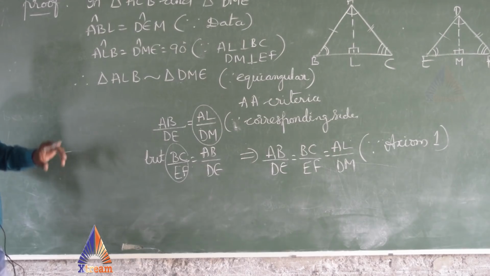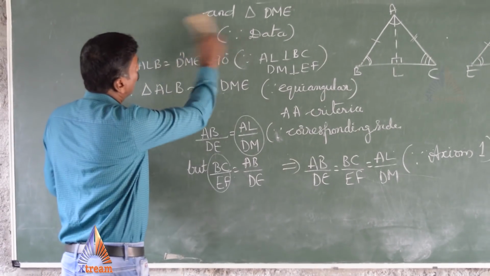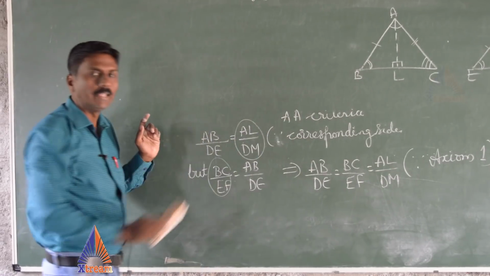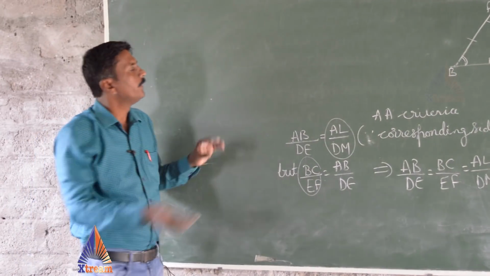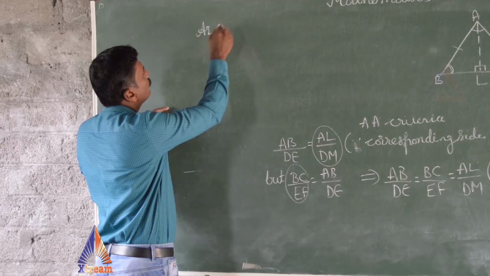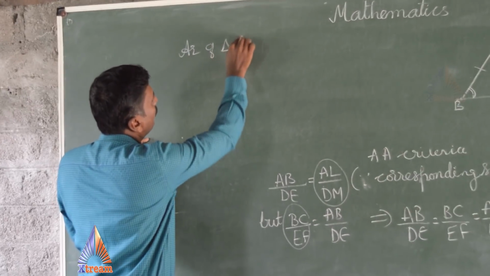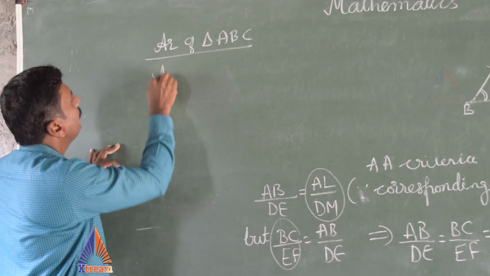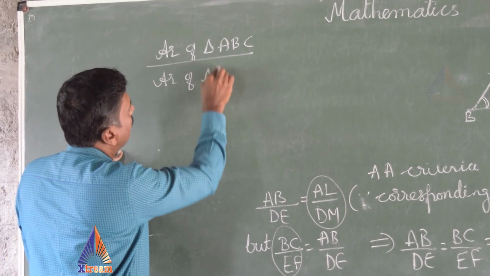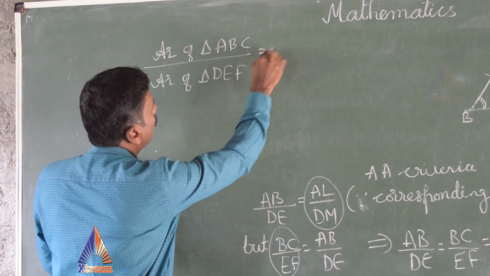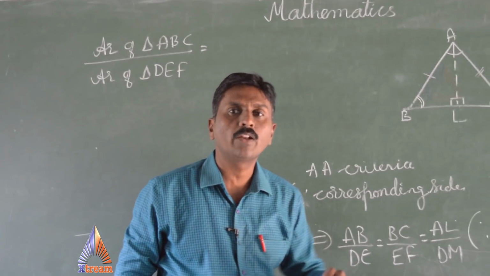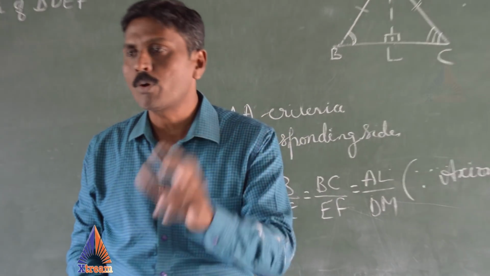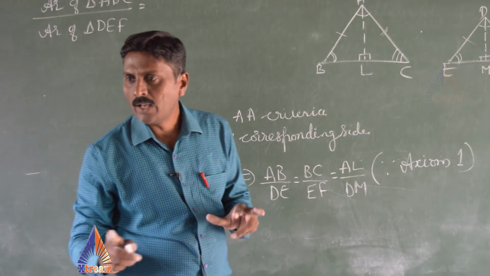Now we have to find the areas of triangles. Area of triangle ABC by area of triangle DEF is equal to, how do you calculate the area of triangle? Area of triangle is half the product of base and height.